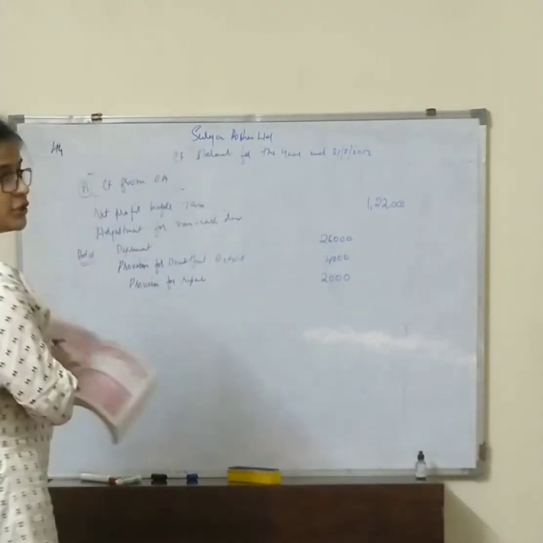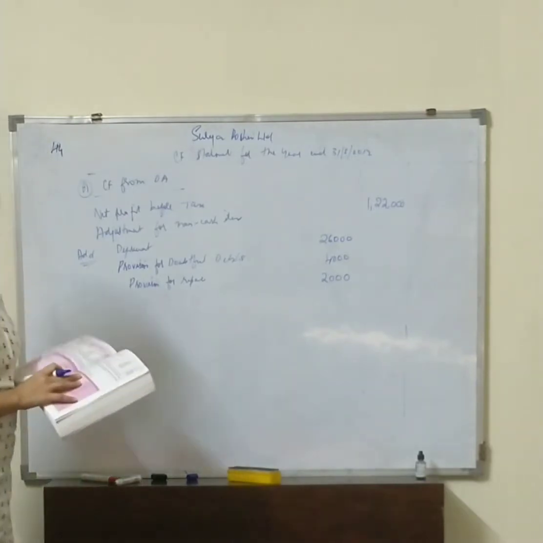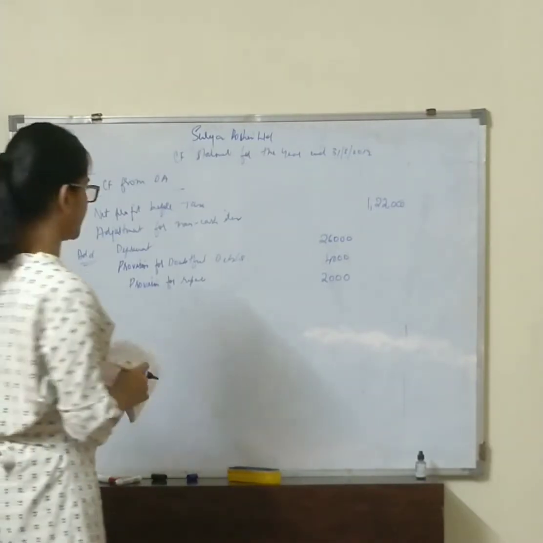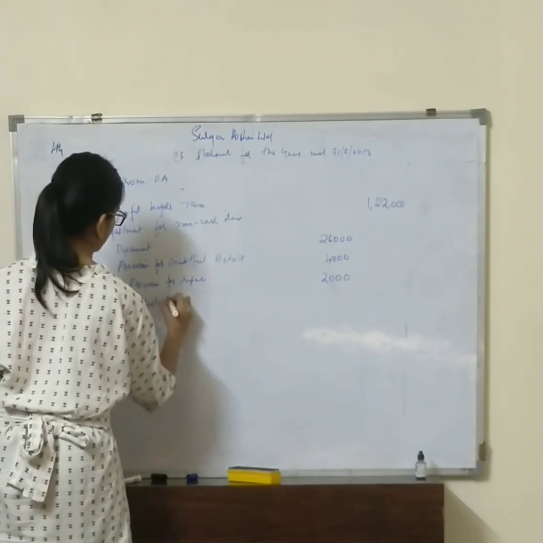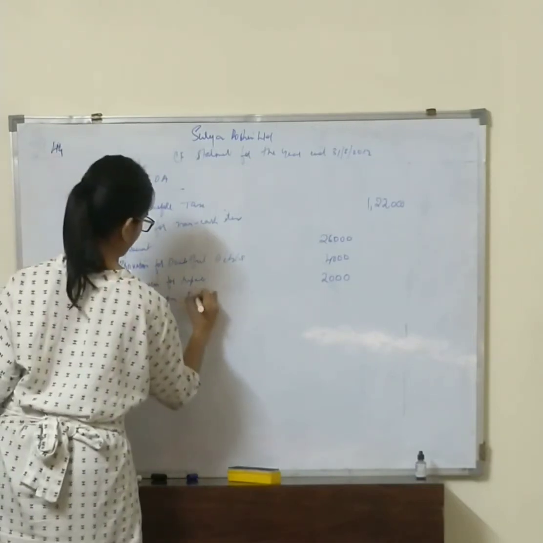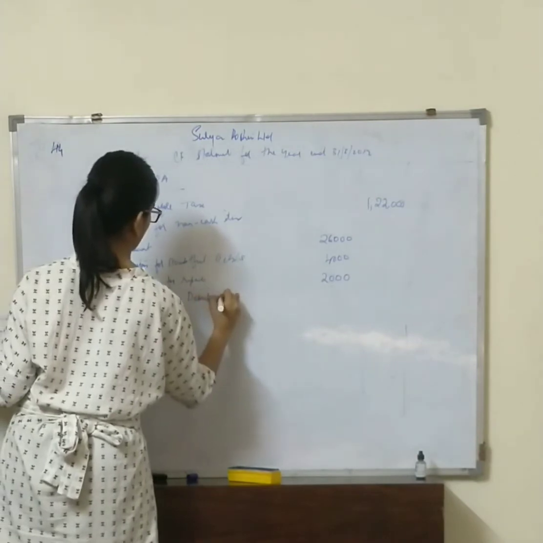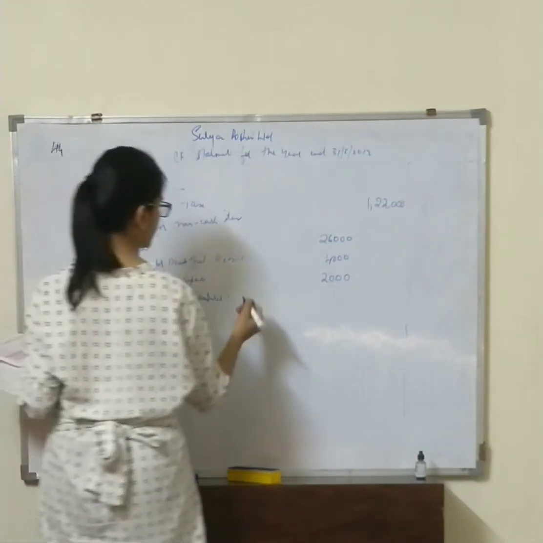So when they are freshly issued, they have not directly given us the interest, so we need to calculate our interest on debentures. So that will be added to our expenses. So write interest on debentures. How do we calculate? Last year what was the interest?